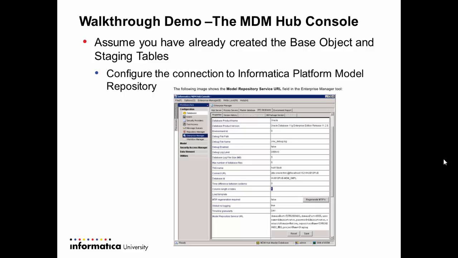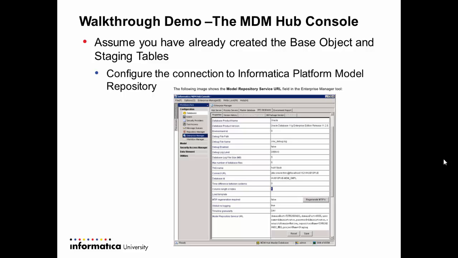Now, let's take a walkthrough. What you're looking at is the MDM Hub Console. From prior experience, you know that what we're looking at is the Hub Console. We logged in, we are at the Enterprise Manager, and one thing we have to do if we plan to integrate the MDM Hub with the Informatica platform is to make the connection.